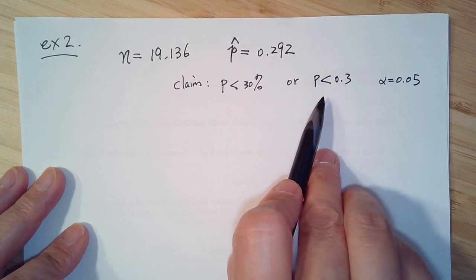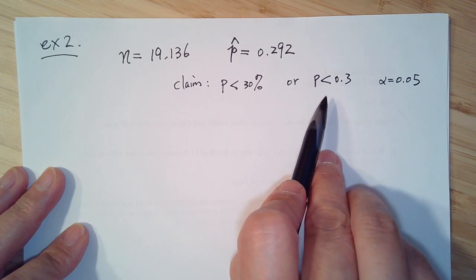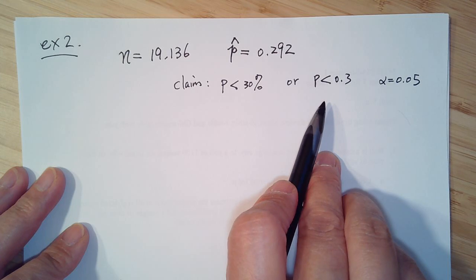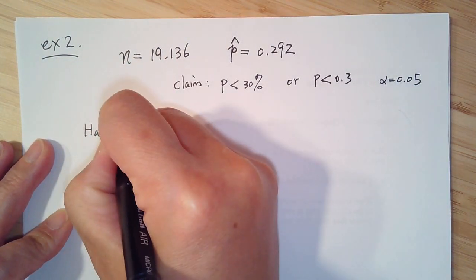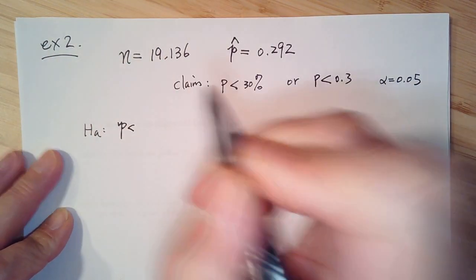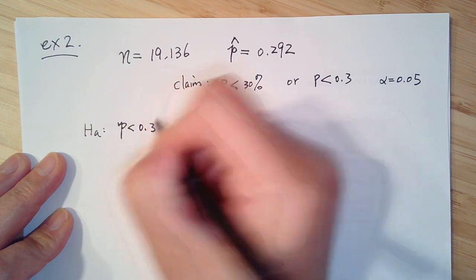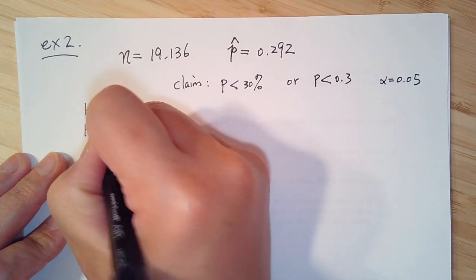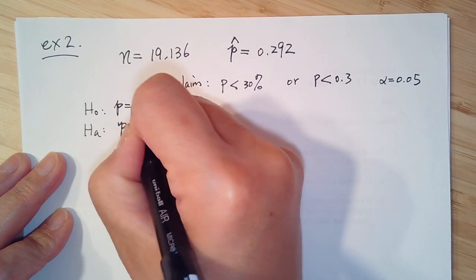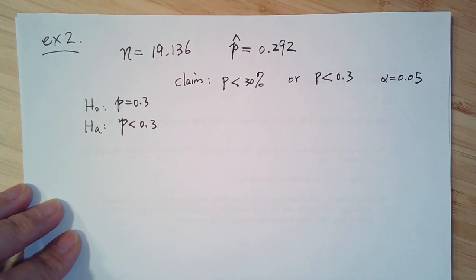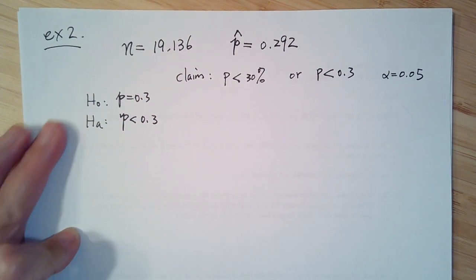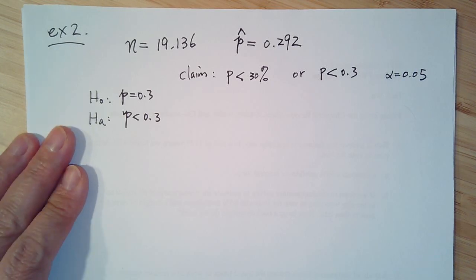The original claim says less than, so that should go to HA. That was p is less than 0.3. Okay, and H0, remember H0 always has equality. So far so good. So we get H0 and H1, or HA, the null hypothesis and the alternative hypothesis.